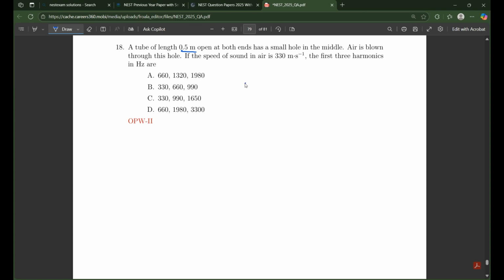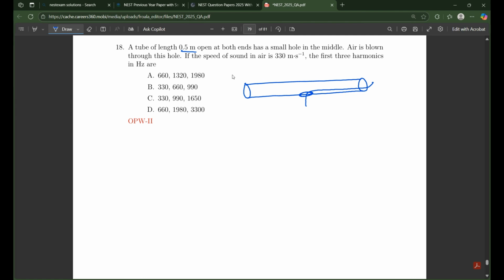That means, let's say I have a pipe or a tube like this. In the middle of this I have a hole. Now when I blow air from this hole, the sound will be produced only when it reaches from one end to the other end.